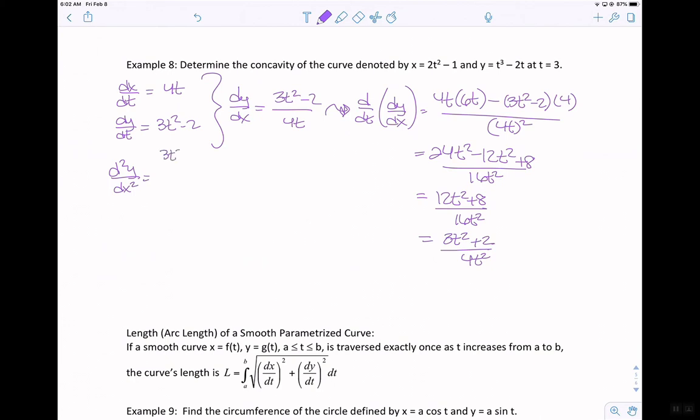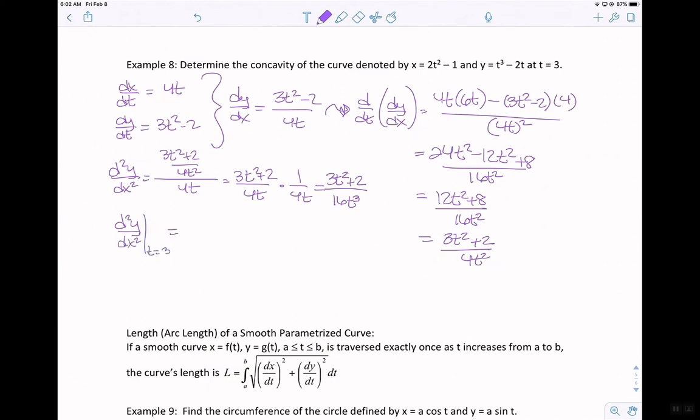So I get 3t squared plus 2 over 4t squared, that's what I just found, and then divided by my dx dt, which is 4t. So I get 3t squared plus 2 over 4t squared times 1 over 4t. Because I inverted and multiplied my denominator, I get 3t squared plus 2 over 16t cubed. I want to figure out, is this bigger than 0 or less than 0 when I plug in 3.